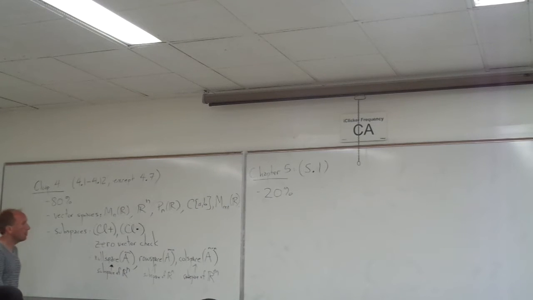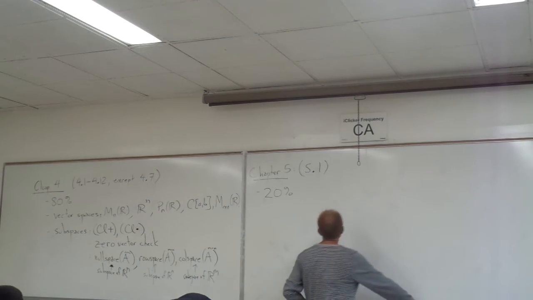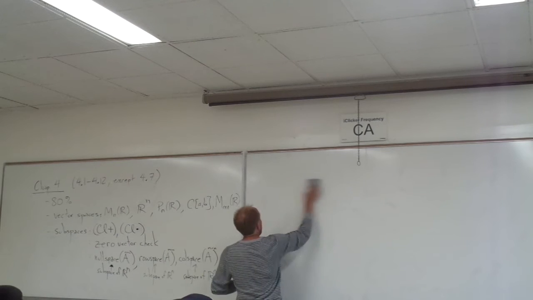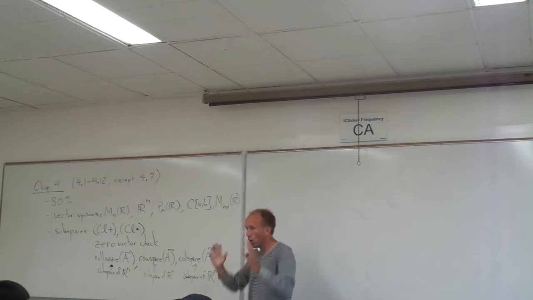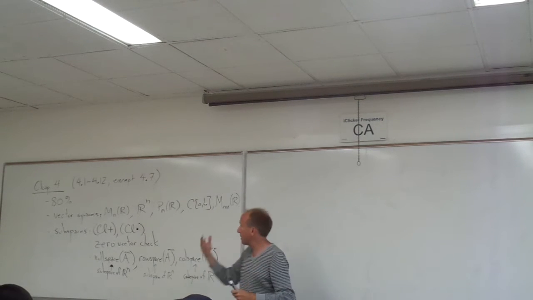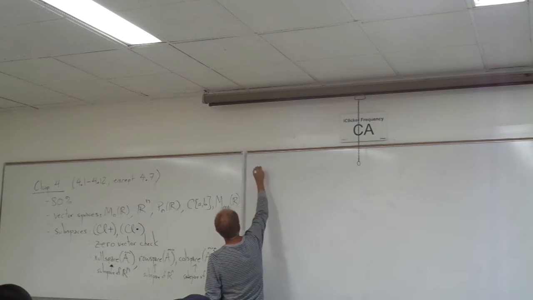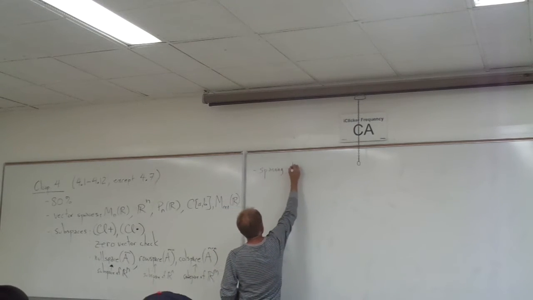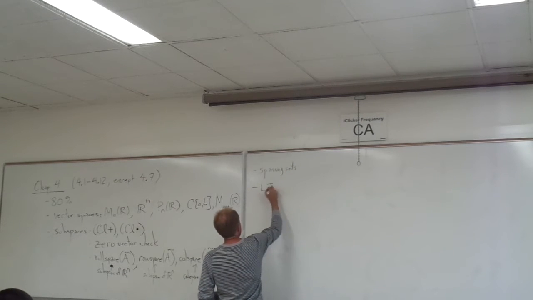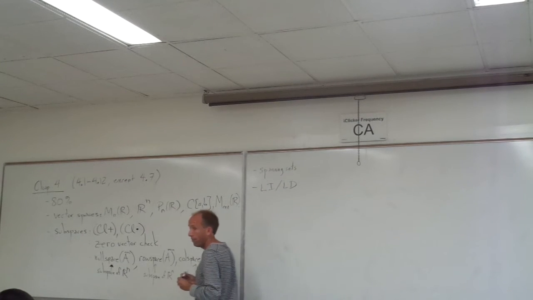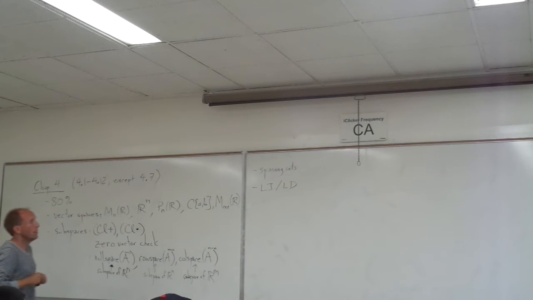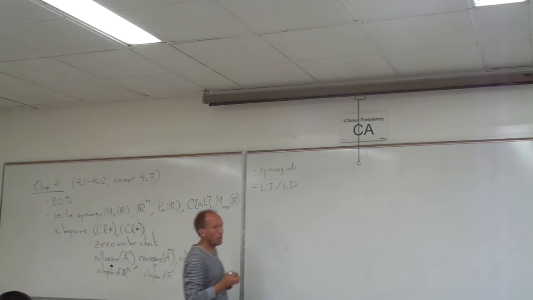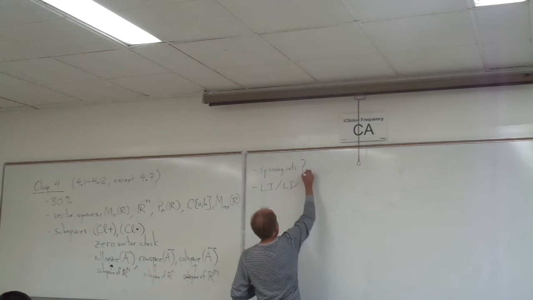Okay, I'm going to erase over here so I can keep talking a little more about chapter 4. The next big chunk of concepts in this chapter would be the spanning sets and the linear independence, linear dependence topics. If I give you a set of vectors, I can put these together.